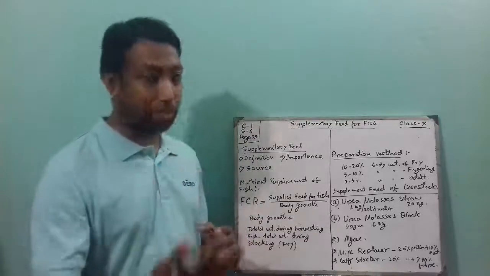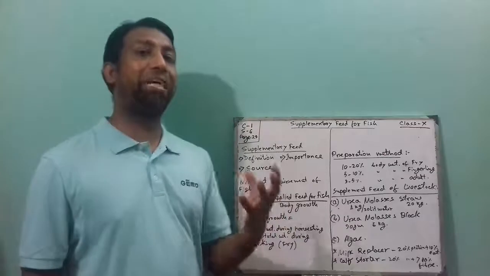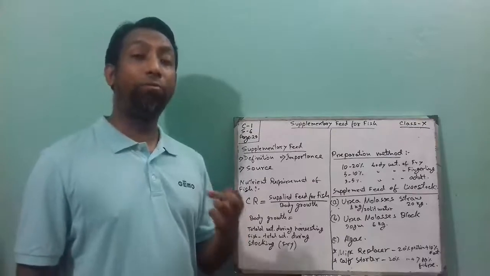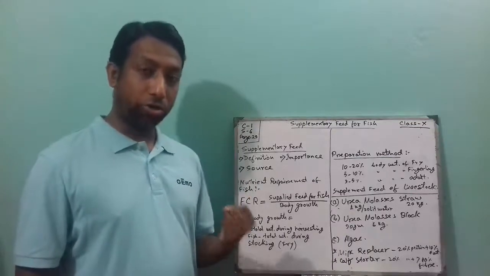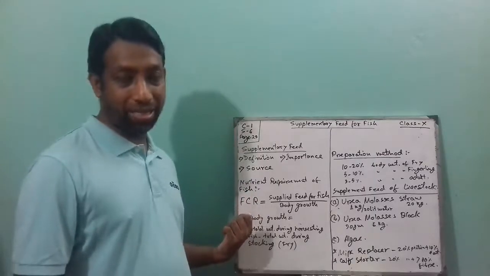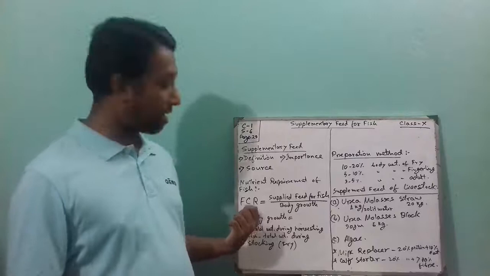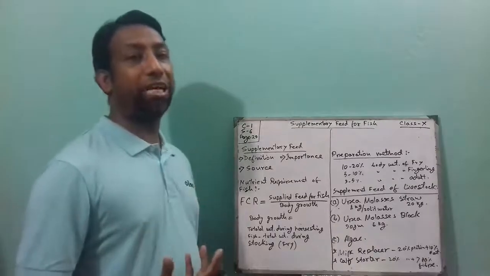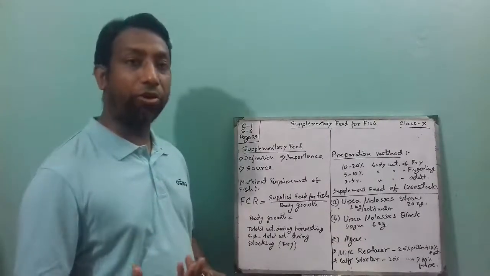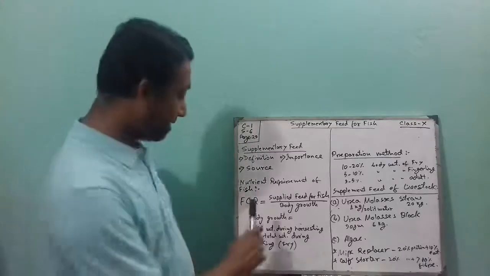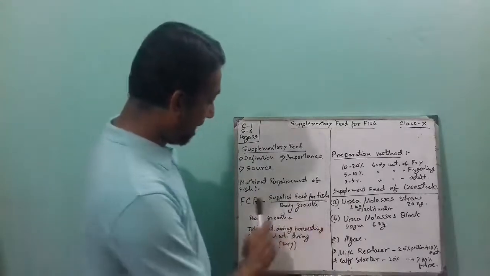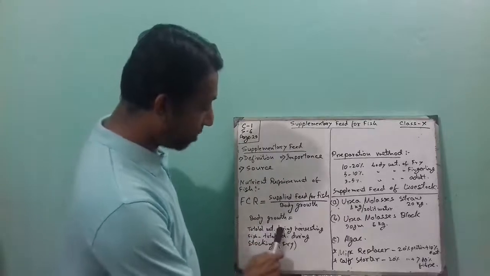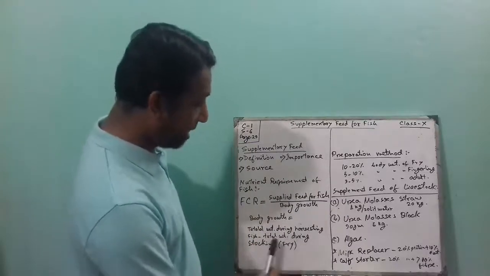If you supply the supplementary feed, it shows how much feed the fish consume and how much growth the fish have. The questions are like what is FCR, what is the formula of FCR, and how the FCR value benefits your fish feed. The formula is FCR equals supplied feed divided by body growth, and body growth equals total weight during harvesting minus total weight during stocking.